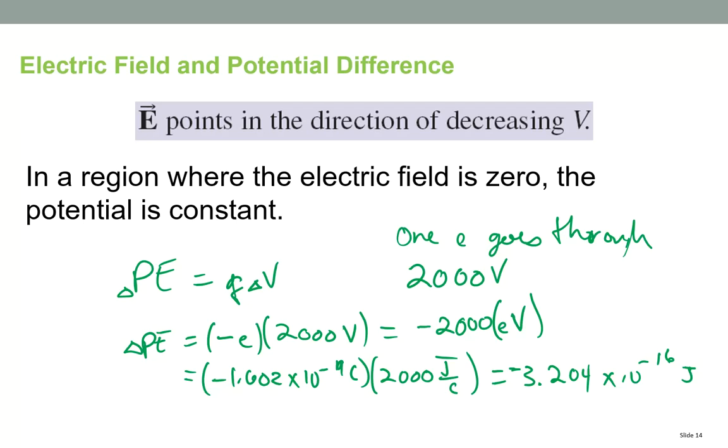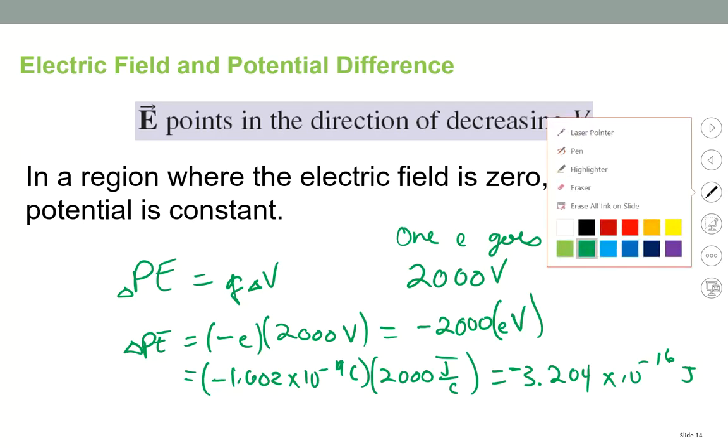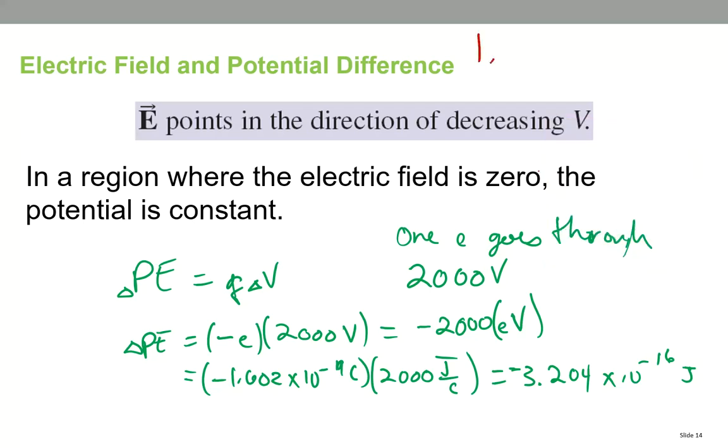Charge of electron 1.602 times 10 to the minus 19 coulombs. Hence 1 electron volt. So 1 electron volt is equal to 1.602 times 10 to the minus 19 coulombs multiplied by 1 joule per coulomb, or 1.602 times 10 to the minus 19 joules.